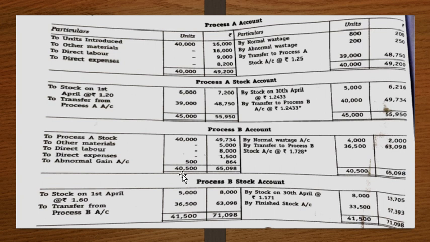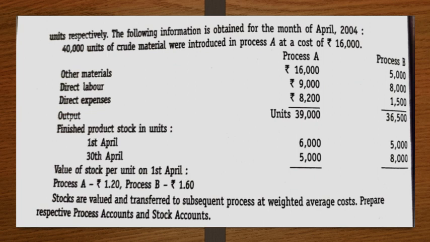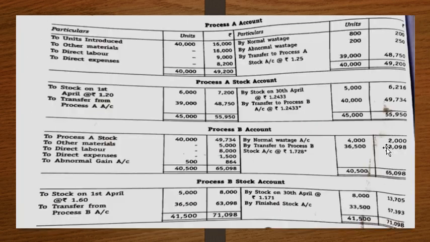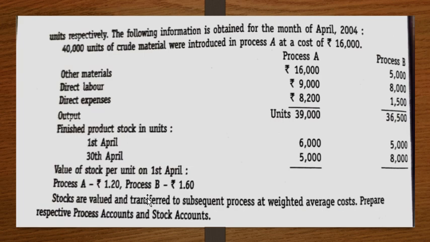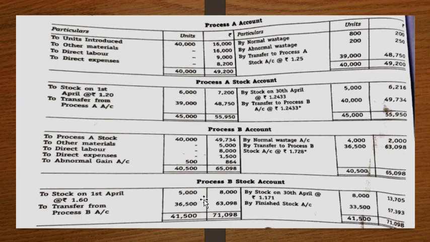Your opening stock as per the question, for process B, is 5,000 units at rupees 1.60, as stated in the question: value of stock per unit on 1st April for process B is 1.60.